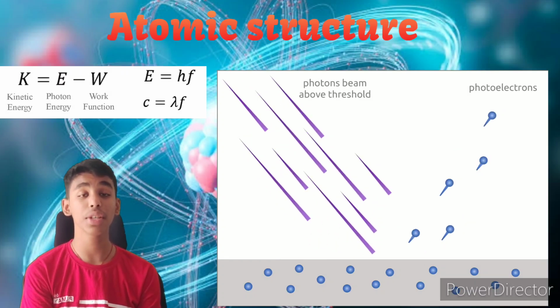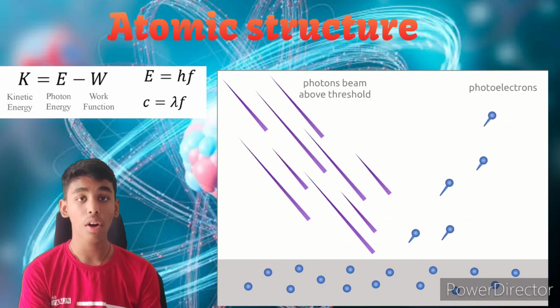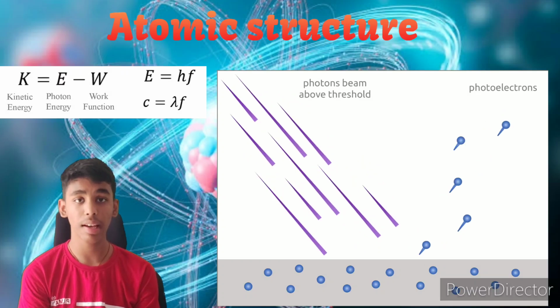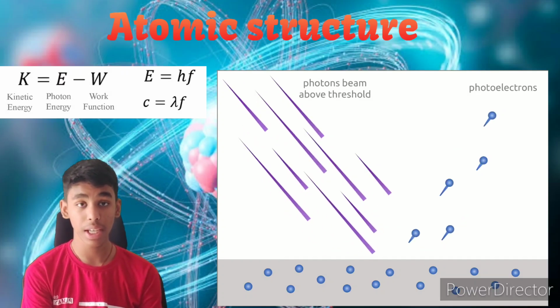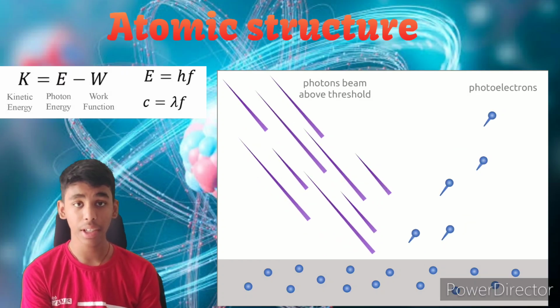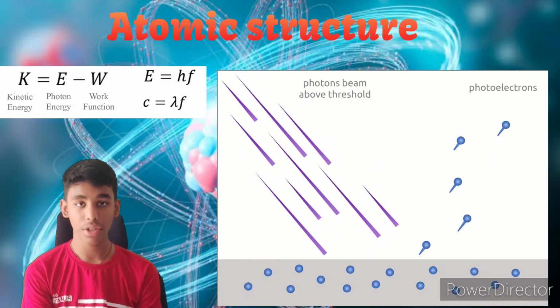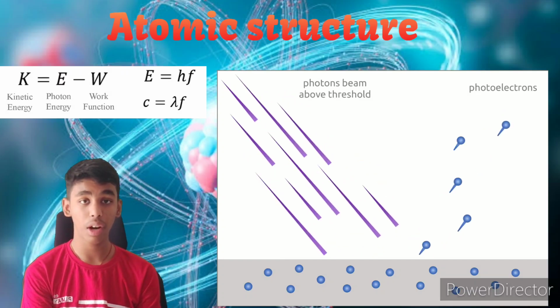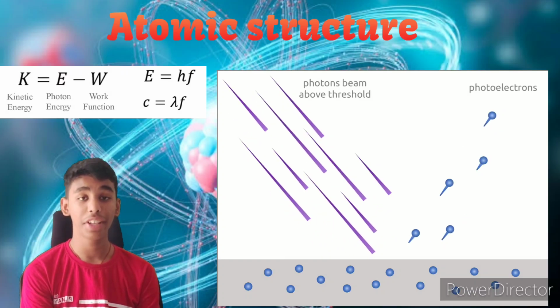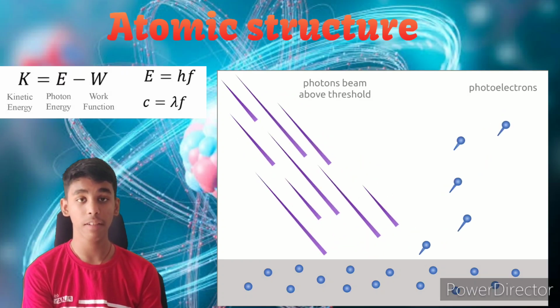When the frequency is more than or equal to the threshold frequency, electrons will get ejected. So what happens to the extra energy? It turns into kinetic energy. The formula for this is kinetic energy = hν - hν₀, where hν is the energy of the light radiation and hν₀ is the work function for that specific metal.